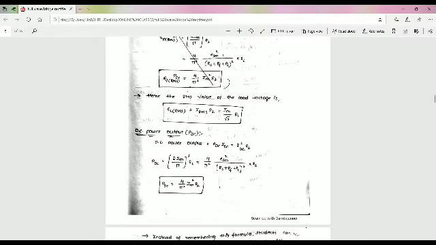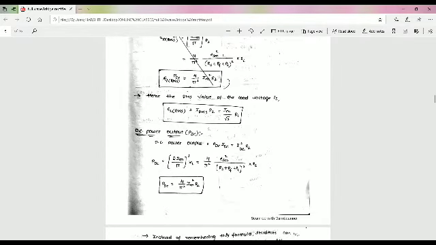Next one, DC power output PDC. Power equal to VI, and also I square R. So VDC into IDC, voltage into current, or I square R. So PDC equal to I square DC into RL, where IDC equal to 2 Im by pi.